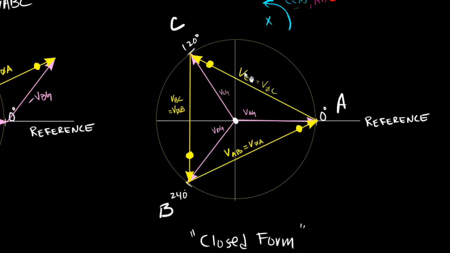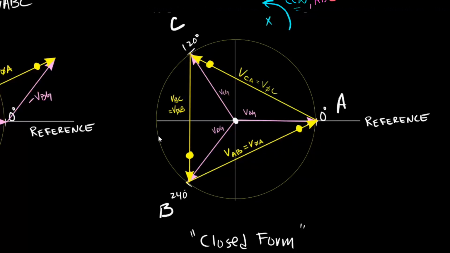So this is V phase C. The polarity side of V phase A is connected to the non-polarity side of V phase C. And then look at what the polarity side of V phase C is connected to. That's connected to the non-polarity side of V phase B. And the polarity side of V phase B is connected to the non-polarity side of V phase A. You guys all see that?